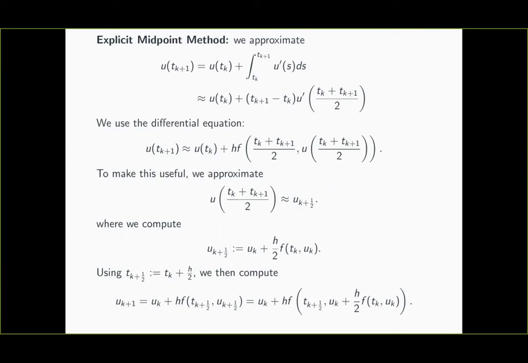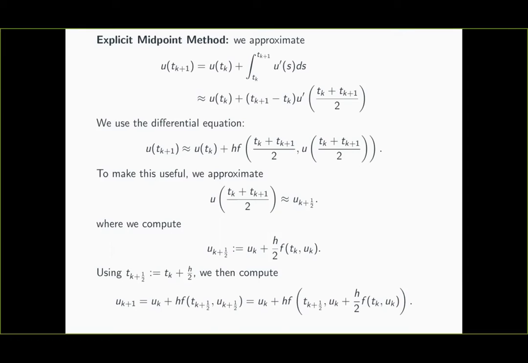Okay, let's go by that. And we use the differential equation in order to substitute u prime. So we get that u at time t_k+1 is roughly the same as u at time t_k plus h times f at time t_k+1/2 and u at time (t_k+1 plus t_k)/2.